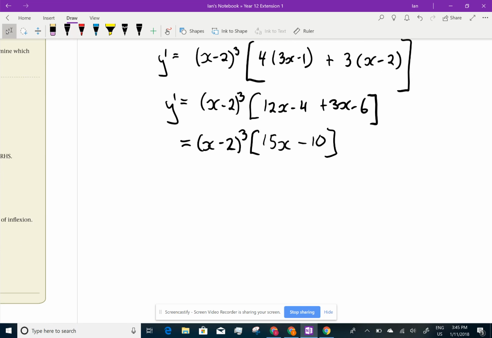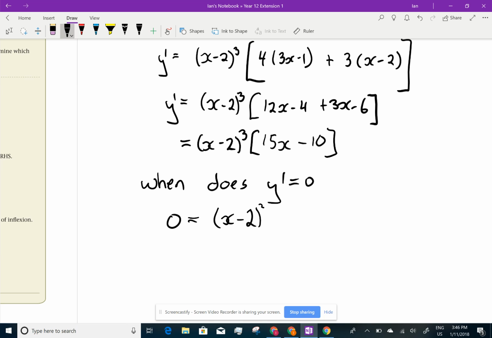Now, when will that equal 0? When does y dash equal 0? Well, it equals 0 because I've got this multiplication here when either of these things equals 0.